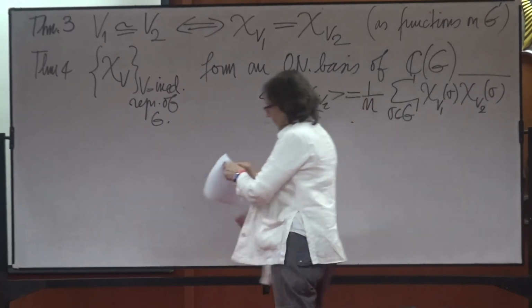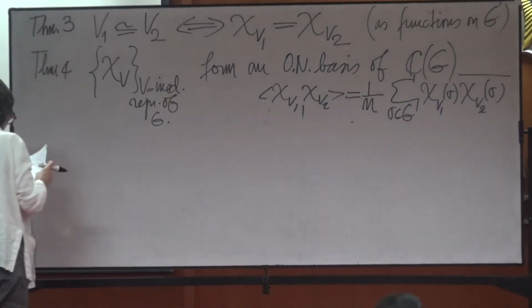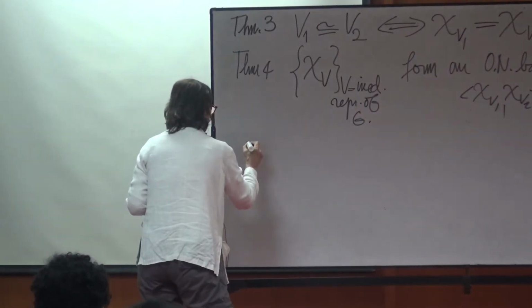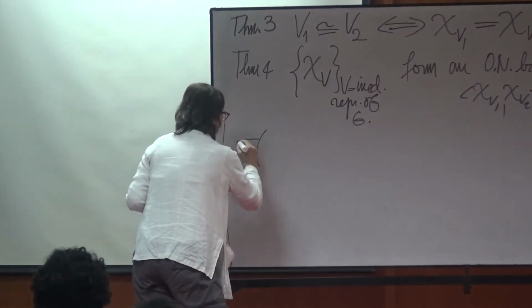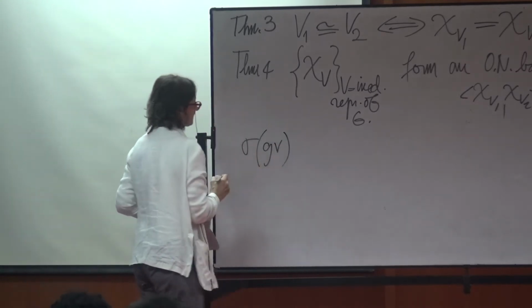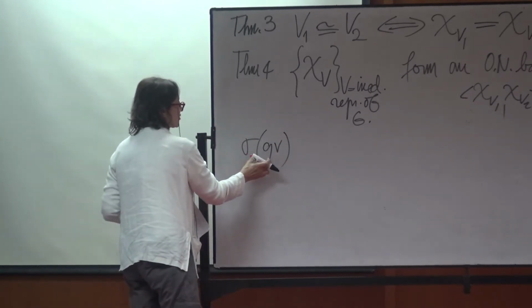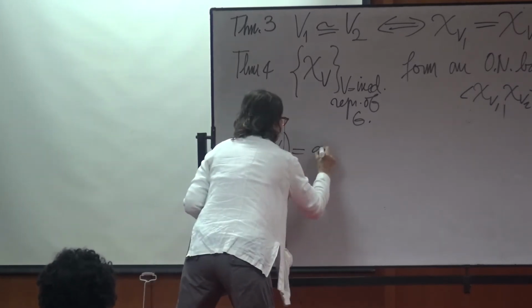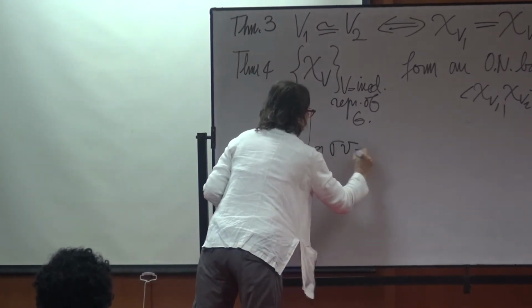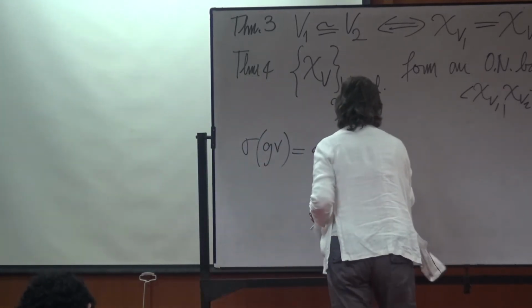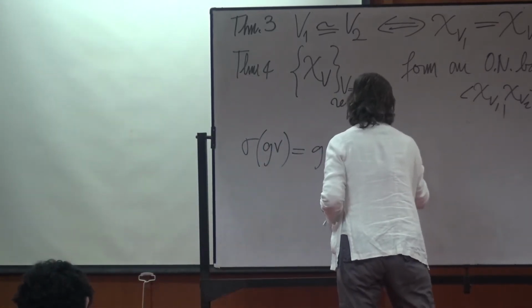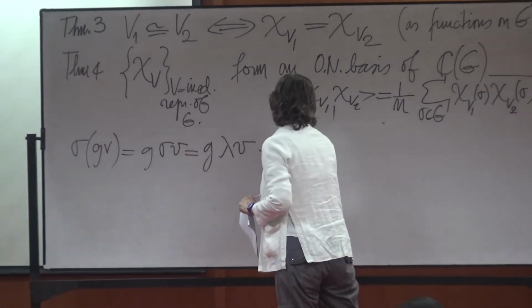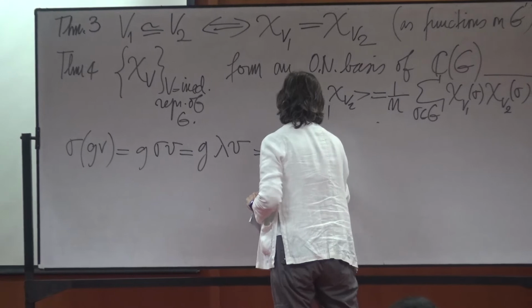Okay, so I compute sigma of GV. Since G and sigma commute, G is abelian, this is G sigma V, and sigma V is lambda V. So this is G lambda V, but this is a scalar, so it crosses over G, so this is lambda GV.